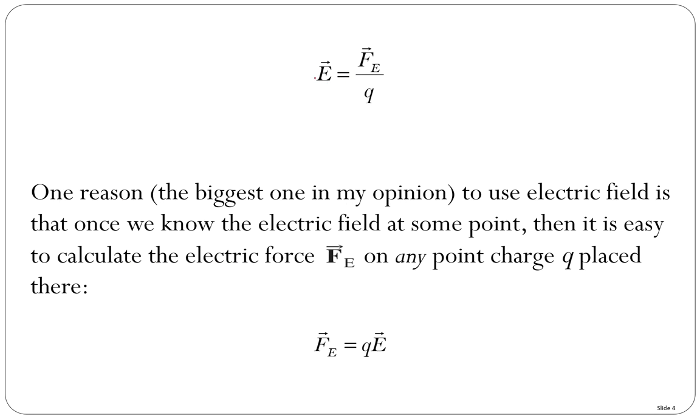If you look at this equation for electric field, the unit of force is a Newton. The unit for charge is a Coulomb. So electric field is in units of newtons per coulomb. We will learn later that that is equivalent to a volt per meter.